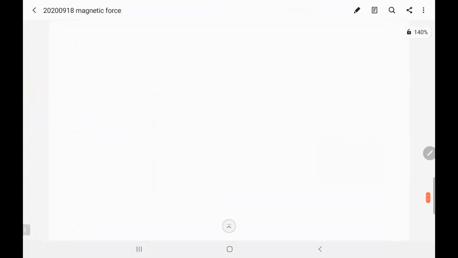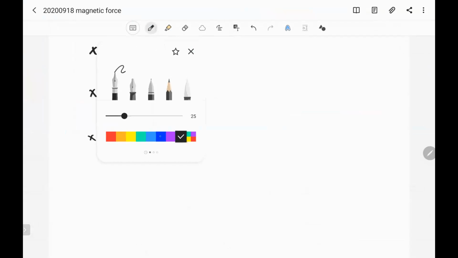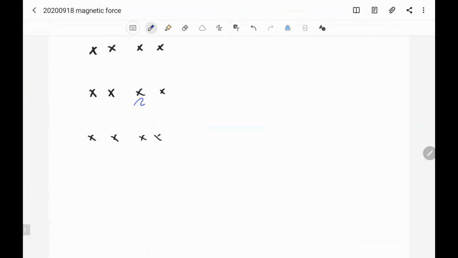So suppose we have a magnetic field in the space, and you can also find there is a positive charge in this way, and the moving speed is in this way.